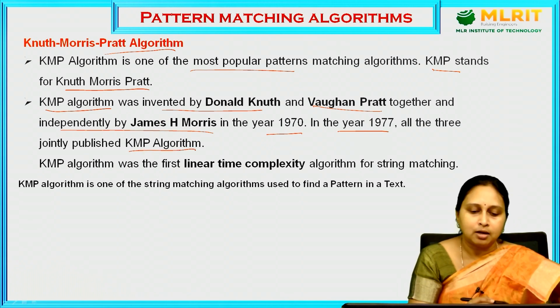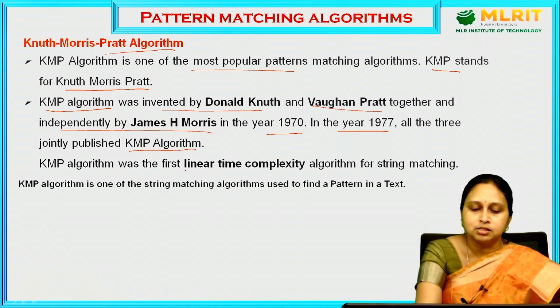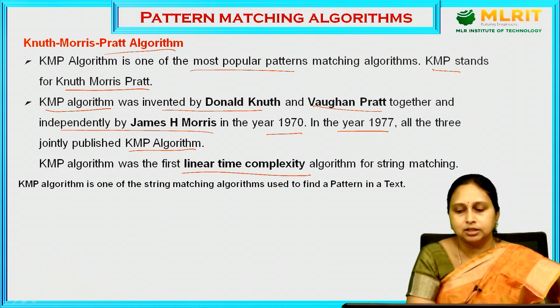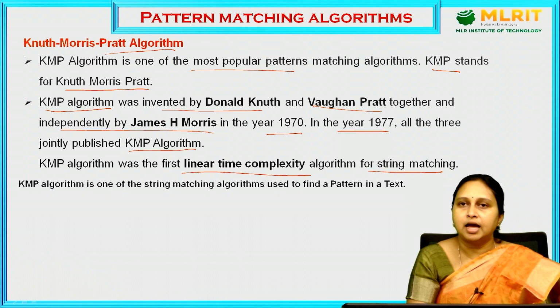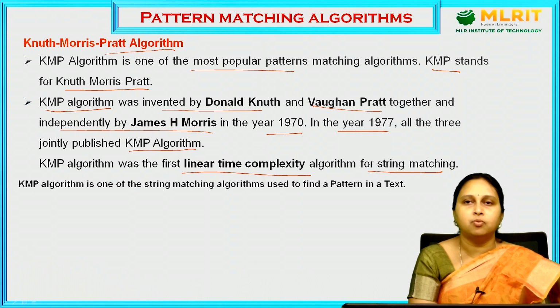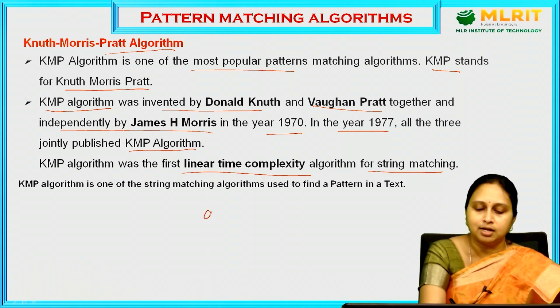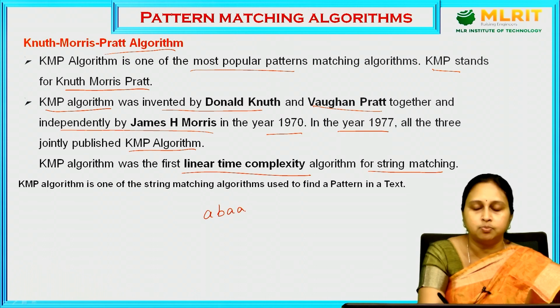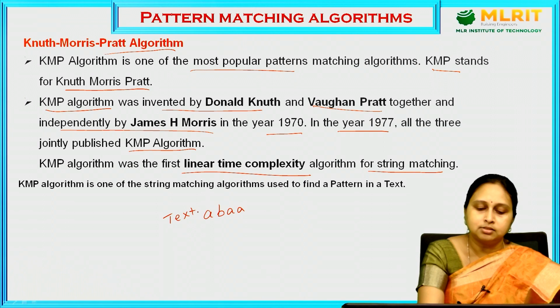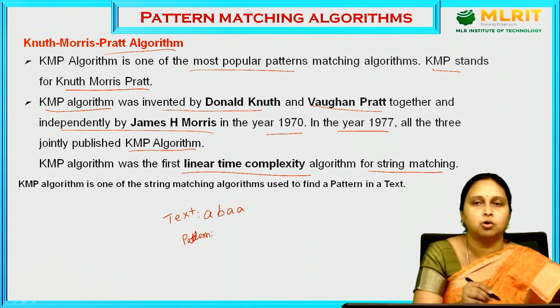Now, the KMP algorithm was the first linear time complexity algorithm for string matching. We discussed at the start of the pattern matching algorithms what string matching is. Suppose you are given a text, A, B, C, A, and I am going to check whether a pattern is present in this text or not.